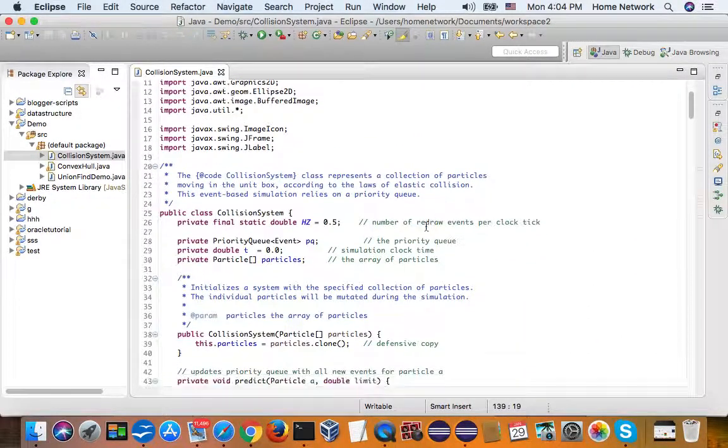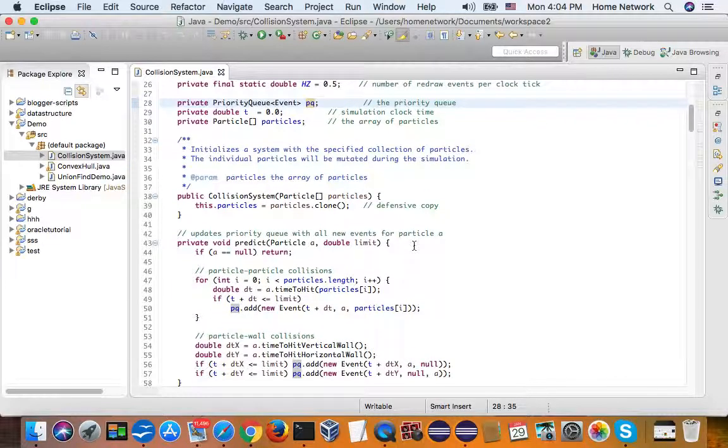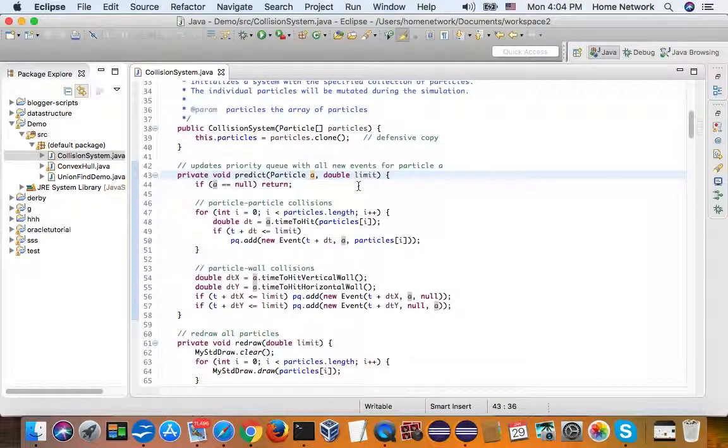So we have a priority queue, and then we can deal with only one event at a time. And here we can predict: give me a particle, and we can iterate through all its neighbors and calculate when it will hit each neighbor.